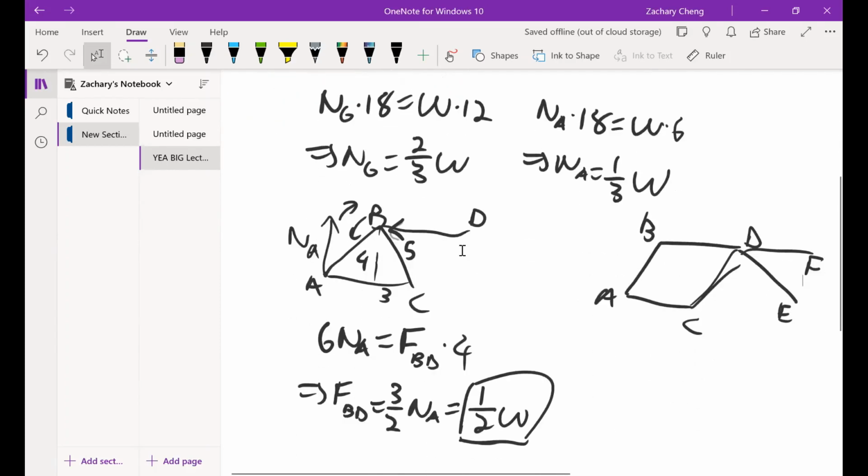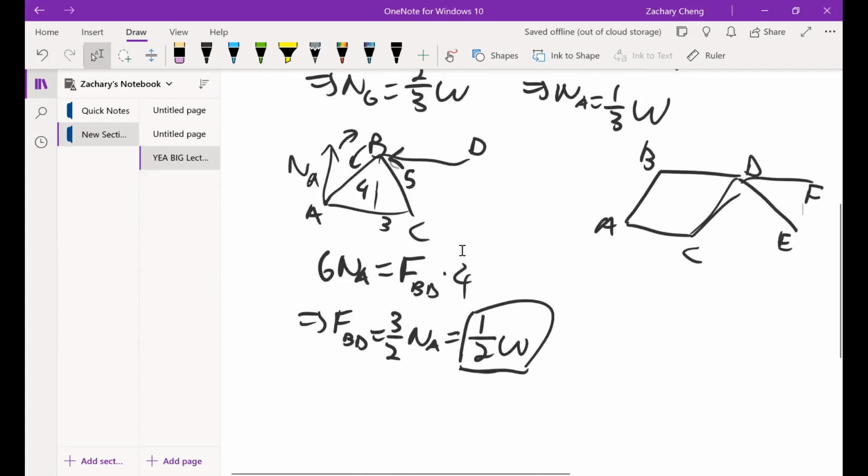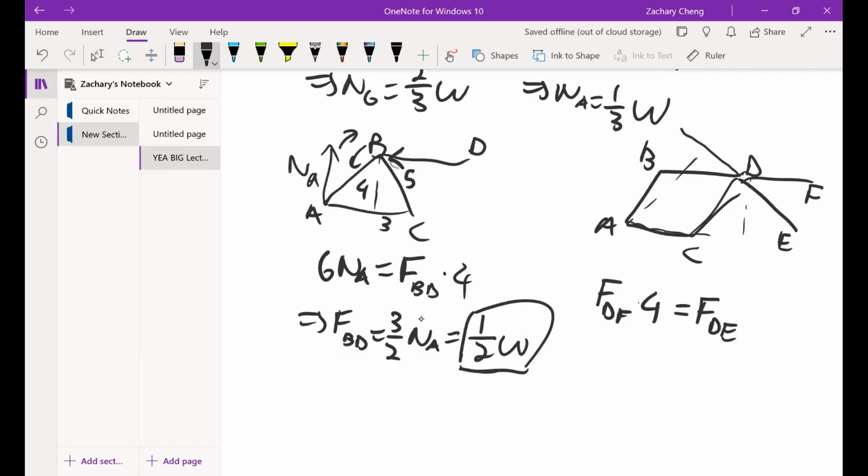And the torque from the force in DF is obviously just FDF times this length from here to here, because it's the pivot A. And that is obviously just 4 again from the Pythagorean theorem, and this is equal to FDE times this distance if we extend it. It makes a perpendicular.